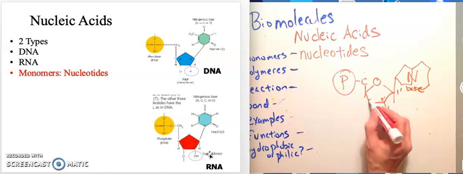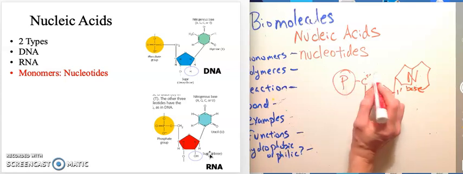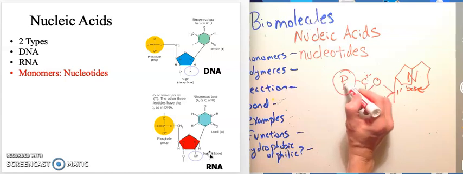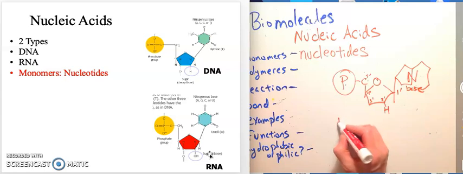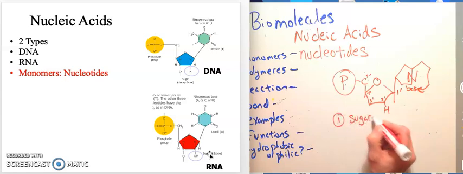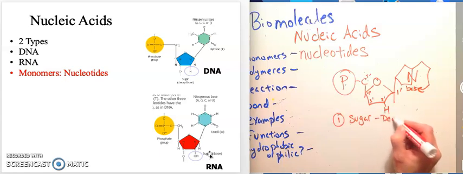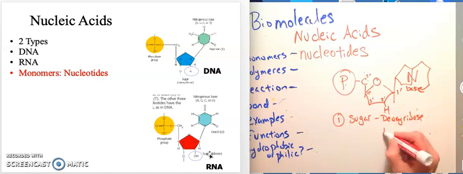The 3' carbon, the 4', and the 5' are the same on both. The 5' carbon is what's attached to the phosphate group. So one difference between DNA and RNA is the sugar. In DNA, it's deoxyribose. In RNA, it's ribose.